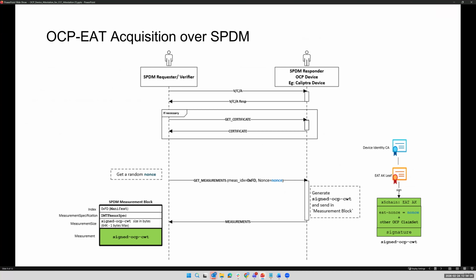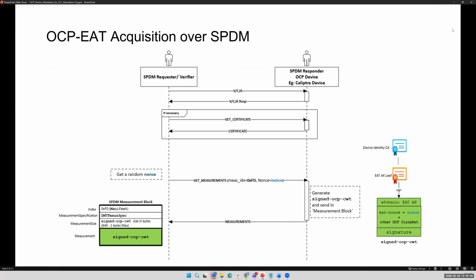I think the rest of the slides are mainly zooming in on the details that Fabrizio and Giri have covered. This slide shows how the OCP EAT can be retrieved from an OCP device, Calyptra being the early adopter. I have given this as an example.